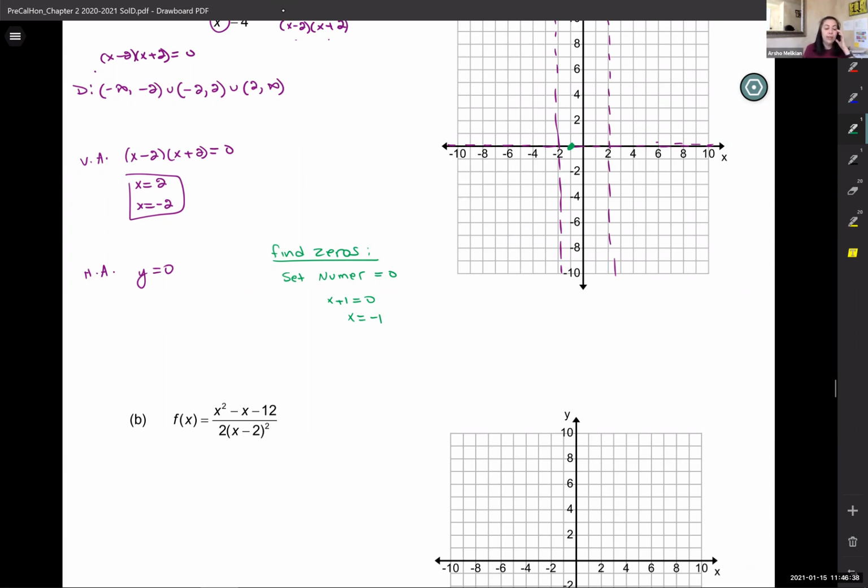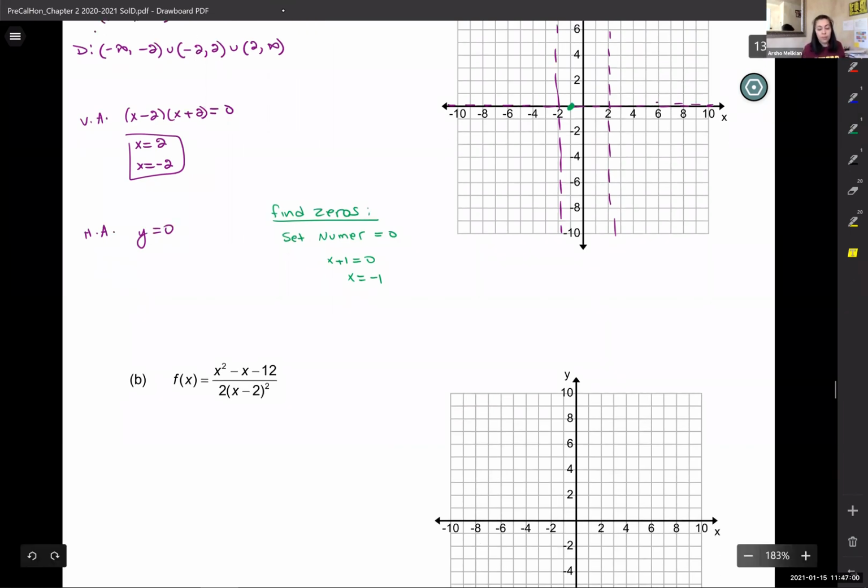Now, I need to tell you guys something important. It's something that even math teachers I see get wrong. It's an assumption, a misconception. Horizontal asymptotes are different from vertical asymptotes. Vertical asymptotes are just walls, like a force shield. There is no way you can ever cross a vertical asymptote.